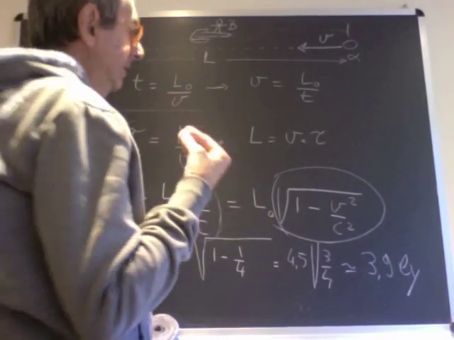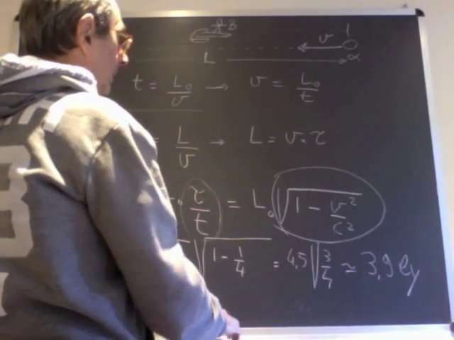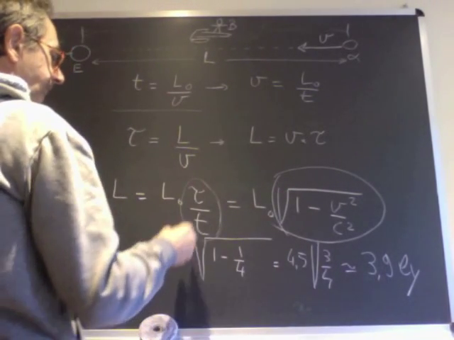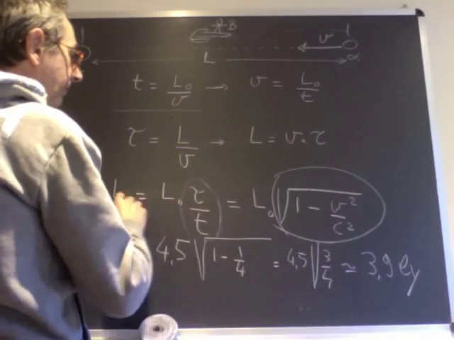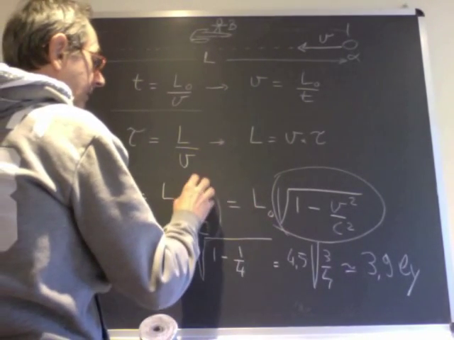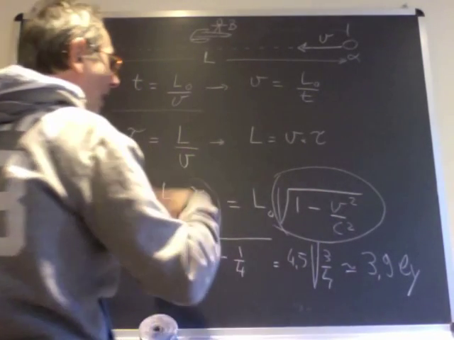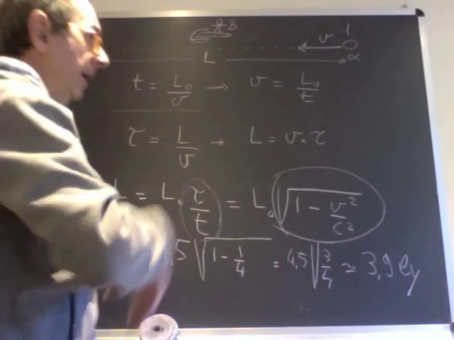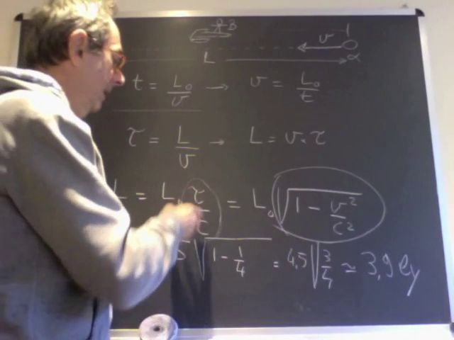And that means that the effect is very important, because this factor is involved in the ratios of times and in the ratios of length. So when this factor is 0, it means that one of the two, times or length, is very, very much bigger than the other.